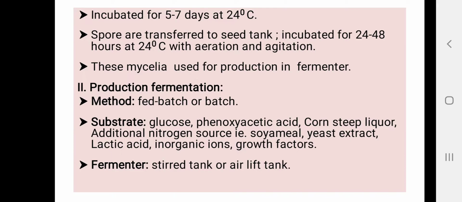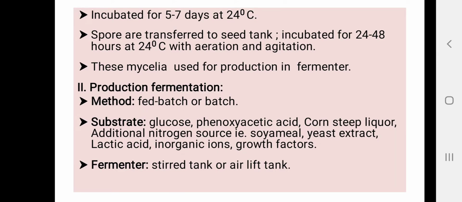The spores which are produced are then transferred to the seed tank, and incubation is done for 24 to 48 hours at 24 degrees centigrade along with constant aeration and agitation. Now what happens is the mycelia is produced within the fermenter.